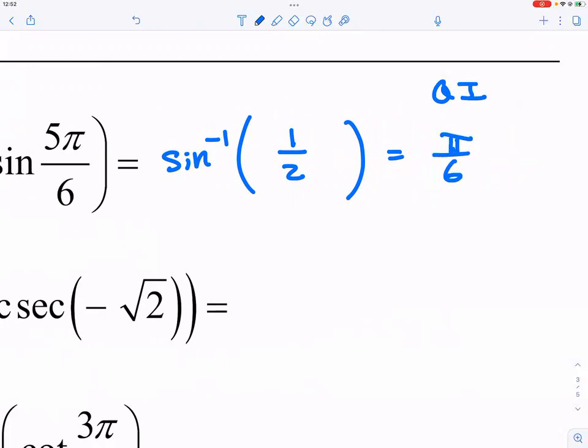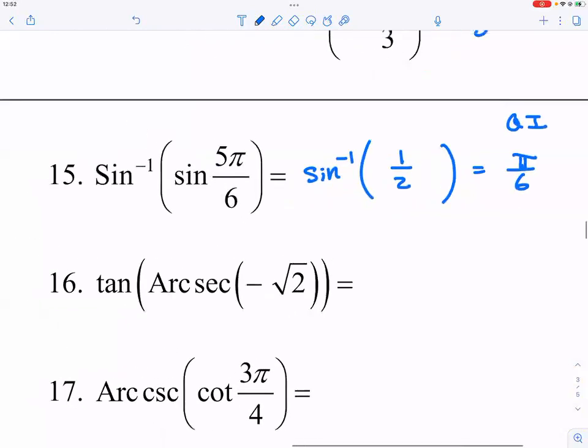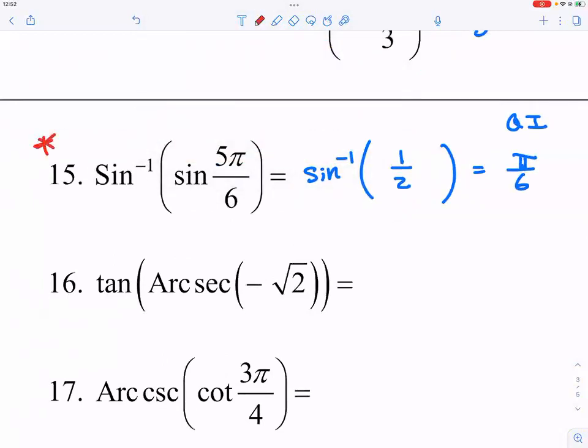It's very simple if you follow the procedure. You finish the stuff inside the parentheses first, and then you do the stuff on the outside. Now, I will put a little asterisk right here just to make you aware of something. Some of you may ask, this is sine and inverse sine, can they just cancel each other out? Well, it would be lovely if they could.